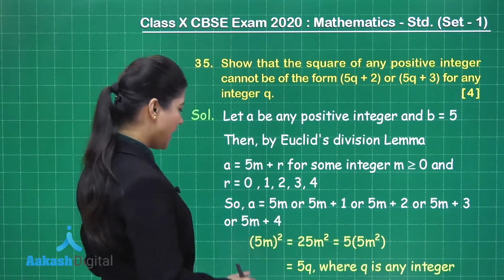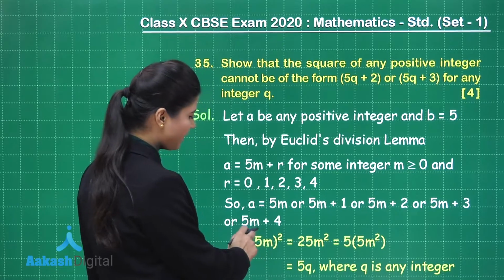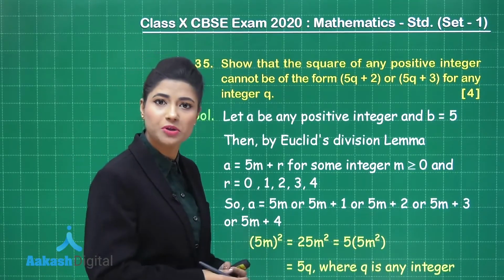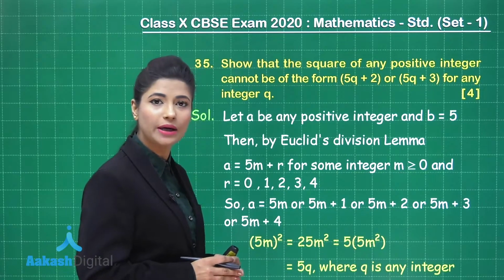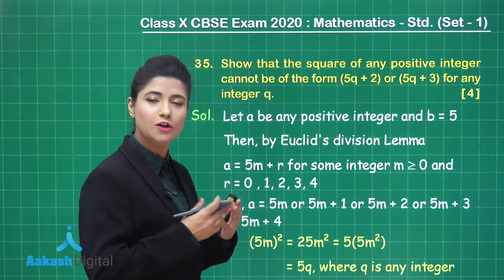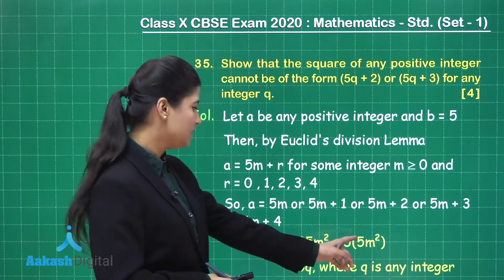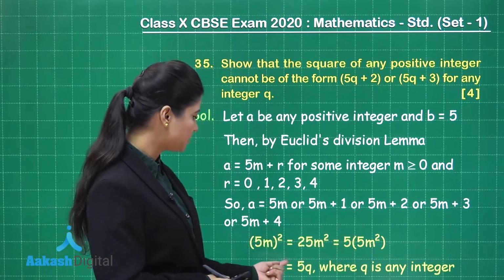Very first, I am considering that a is 5m, and on squaring it up, I am getting its square as 25m square. You can see in 25m square, you can easily take 5 as common. After taking 5 common, 5m square will be left, where I can consider 5m square as q. So it can be expressed as 5q.